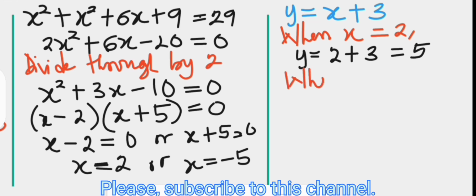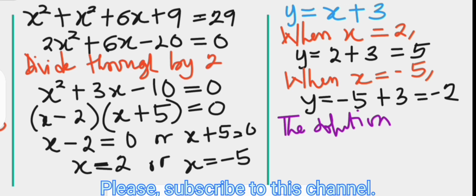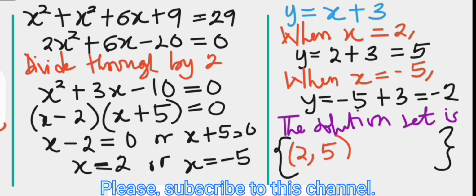Also, when x is negative 5, substituting again, we have y to be negative 5 plus 3, and that is negative 2. And therefore, the solution set to the quadratic and linear simultaneous equation is (2, 5) and (minus 5, minus 2).